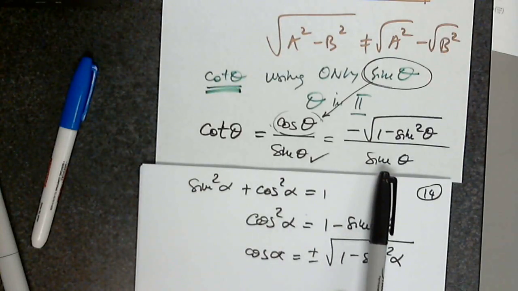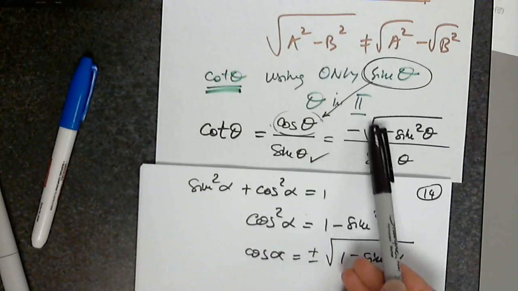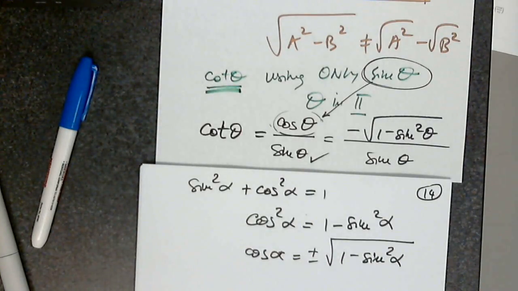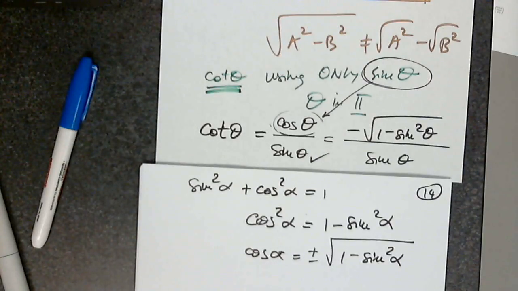Sine is sine, but cosine has to be negative in the second quadrant, so that's why I had to choose minus the square root. Very good. Excellent. You put the negative in front because it's in the second quadrant. Because I have to write plus or minus, right. And I cannot write plus or minus. If I'm told it's one quadrant, it cannot be plus or minus. Cosine cannot be in the second quadrant plus or minus. It can only be minus.